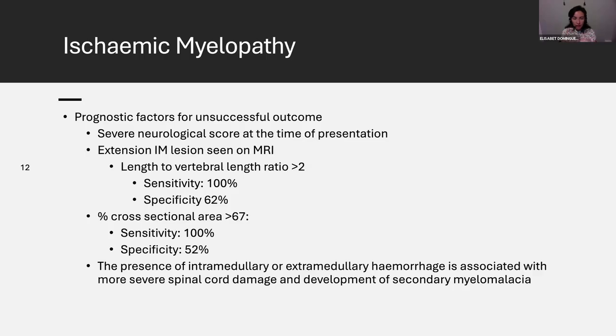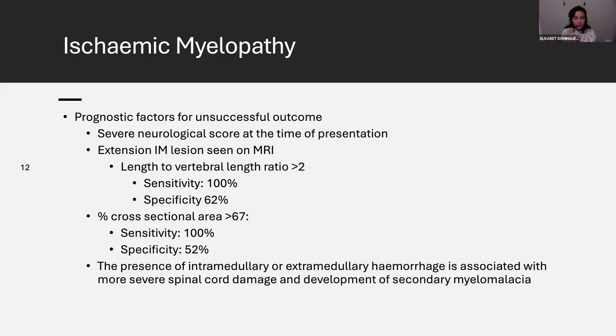What we know is that if the length of the lesion is more than 2 vertebrae, or if the cross-sectional area of the spinal cord that is affected is more than 67% of the cross-sectional area of the spinal cord, these animals have more probability of an unsuccessful outcome.